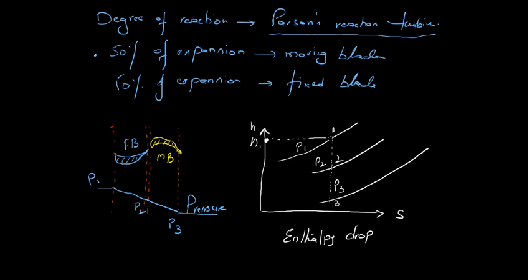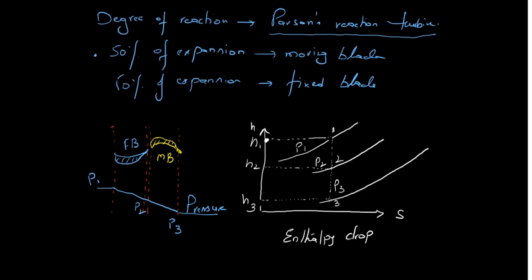From these points, draw a line which is parallel to the x-axis and which meets the enthalpy line on the y-axis, H1, H2 and H3. Okay, this is H3. Now this is the enthalpy drop plot for the pressure lines P1, P2, P3 which are continuously varied.